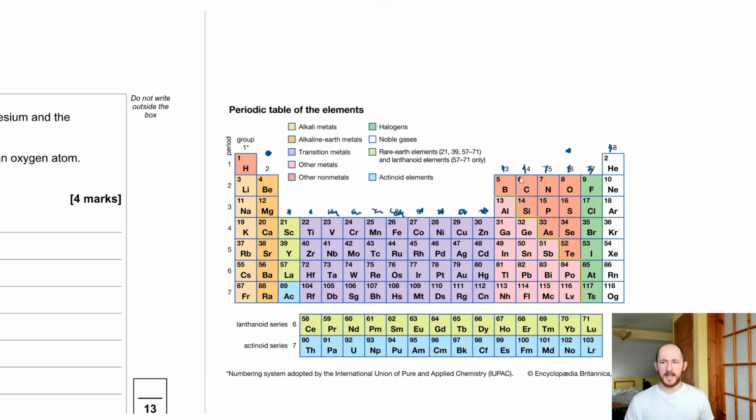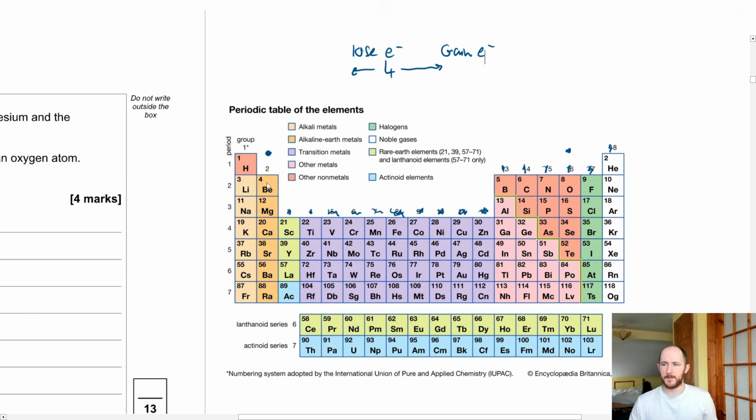Now, just as a reminder, anything to the left, below group 4, will always lose electrons. Anything to the right will always gain electrons, because remember, they always do the easiest thing. It will be easier to lose 3 or fewer electrons than it is to gain 5 or more. So for example, with group 2, they're not going to gain 6, they're going to lose 2.